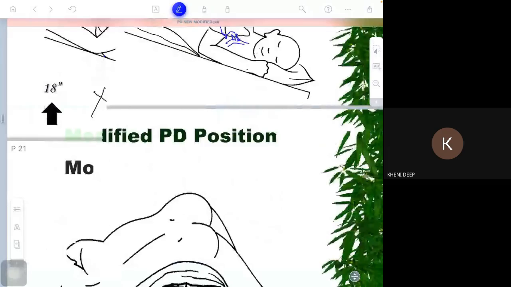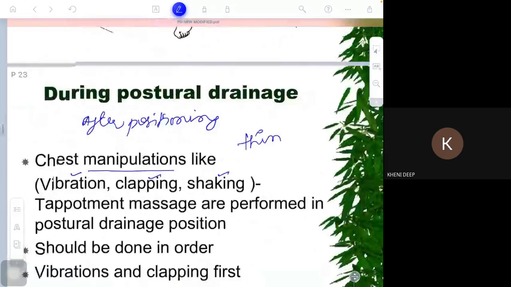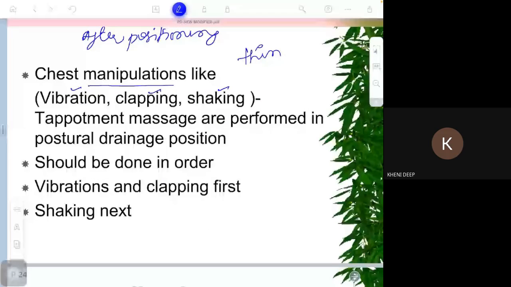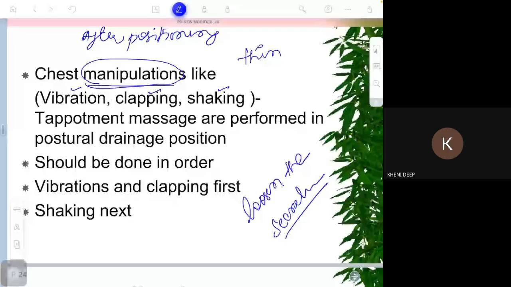So what is required in this condition? You have to do certain manipulations to loosen the secretion.